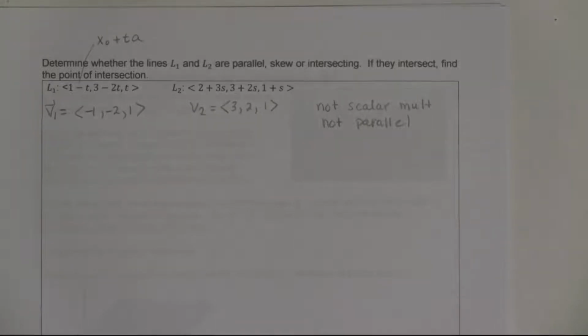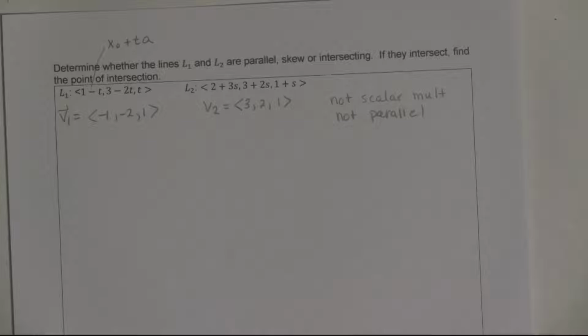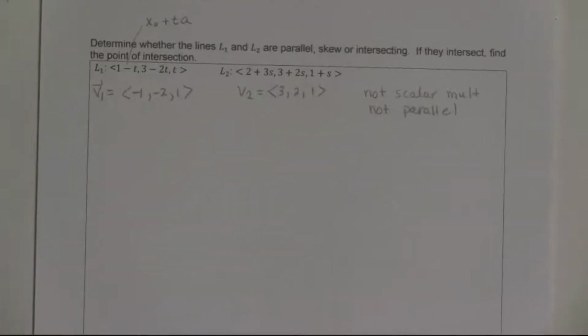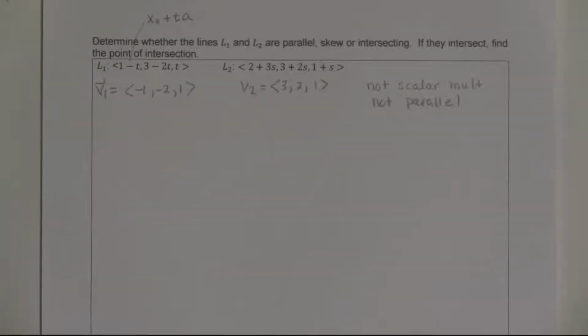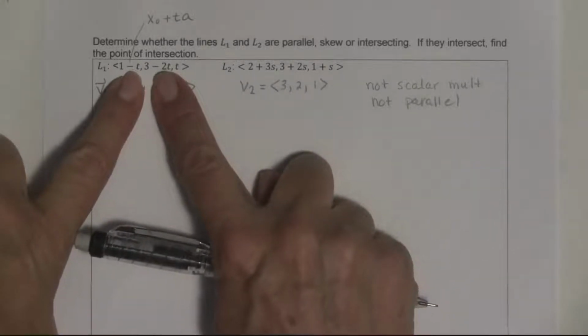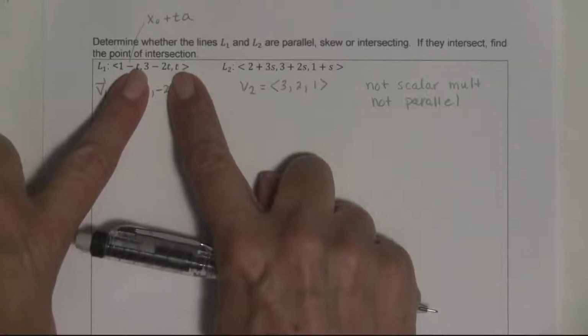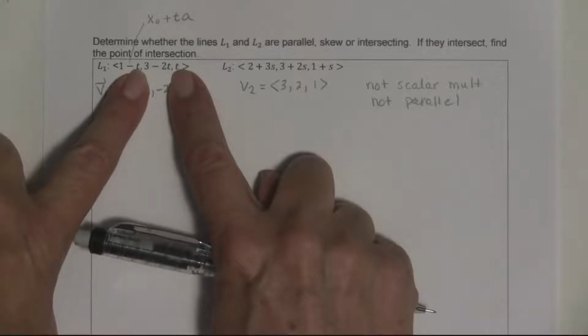The next thing is to see if they're intersecting. Coincidentally, I tried to change this example so that X and Y would work well, but I forgot to edit it.